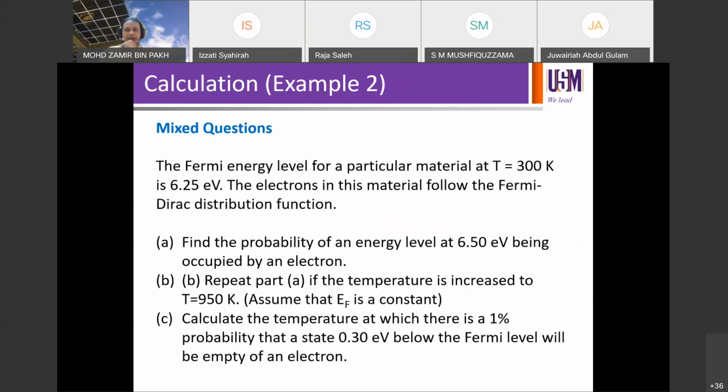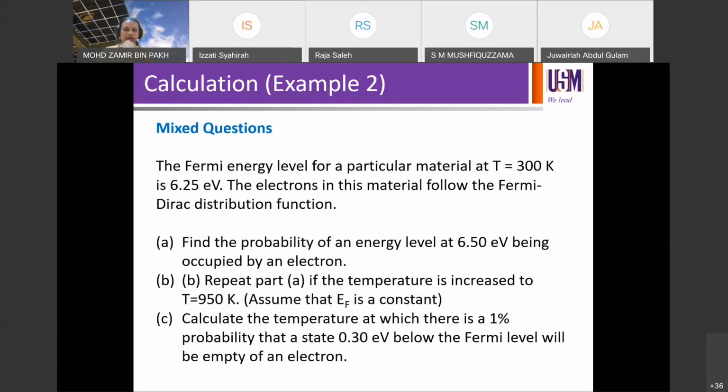Then logically, if you supply higher energy to the system, you will get more thermal excitation of the electrons. We discussed yesterday that when you increase the temperature, you are supplying more thermal energy, and some of these electrons will be thermally excited to the higher band, the conduction band in this case.